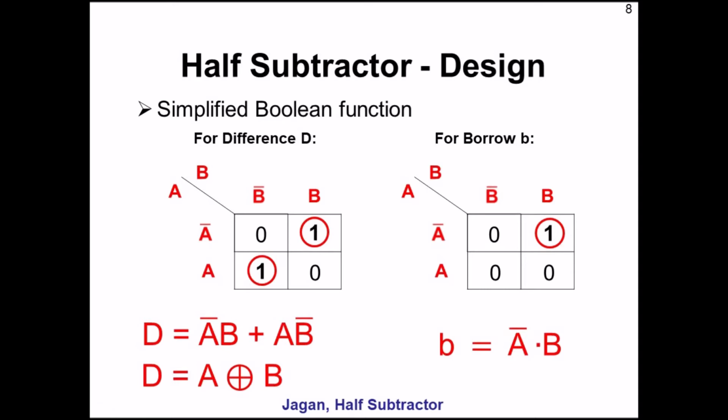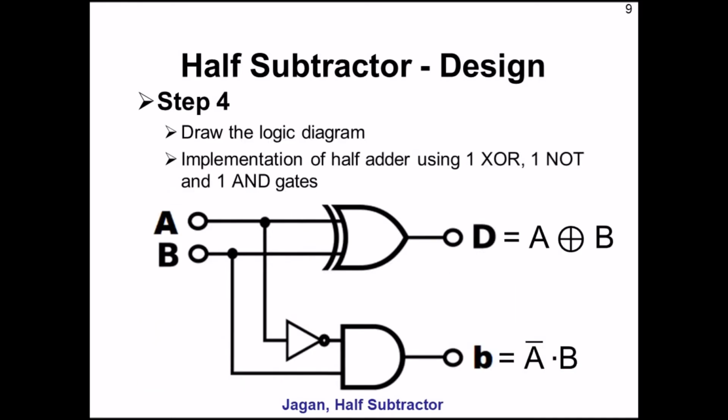So now that I have got the Boolean expression for difference and borrow, with the help of this Boolean expression, I am going to draw the logic diagram, right? It is very simple. It looks similar to the half adder if I remove this inverter. The output of the half adder for the sum is the same as the difference.